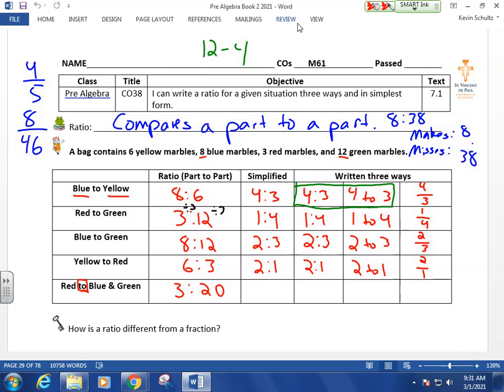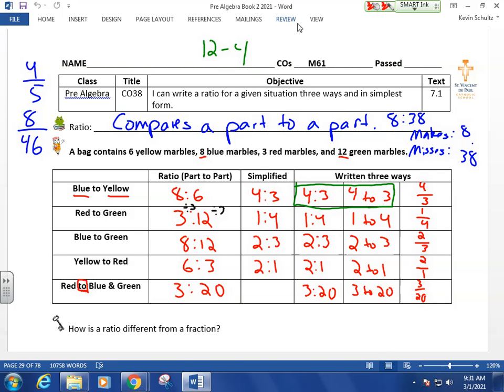That represents our colon, right? Can this be simplified? It can't. Is that okay? Yes. So we can go directly over to 3 ways to write it. 3 to 20 with a colon, 3 to 20 with the word, or in something like slope, up 3 over 20. Up 3 over 20.